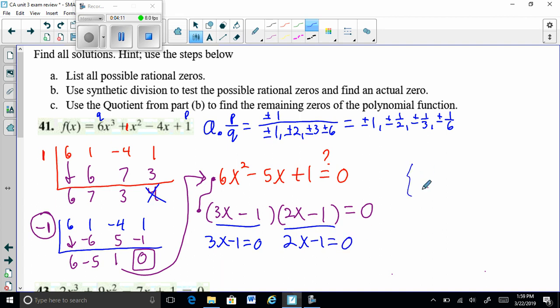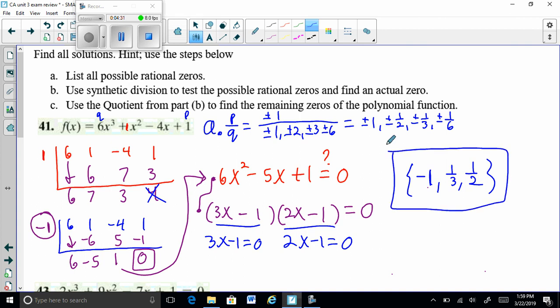So my final answer, well, we had -1 over there from when we did our synthetic division. Then from here, if I add 1 and divide by 3, that'd be 1/3. So 1/3 is another one of my solutions. And then here, if I add 1 and divide by 2, that would be 1/2. That's another one of my solutions. So what happened in this case was all my answers ended up being rational.